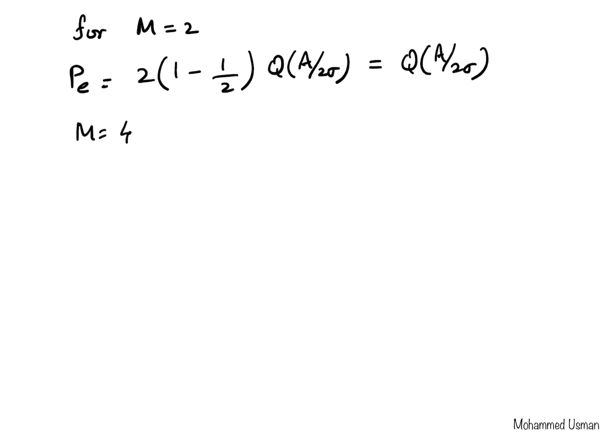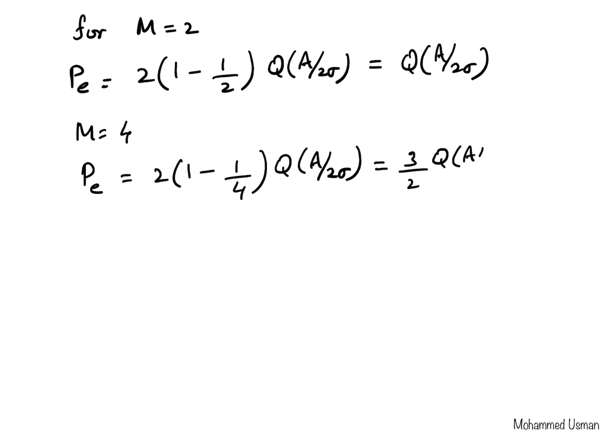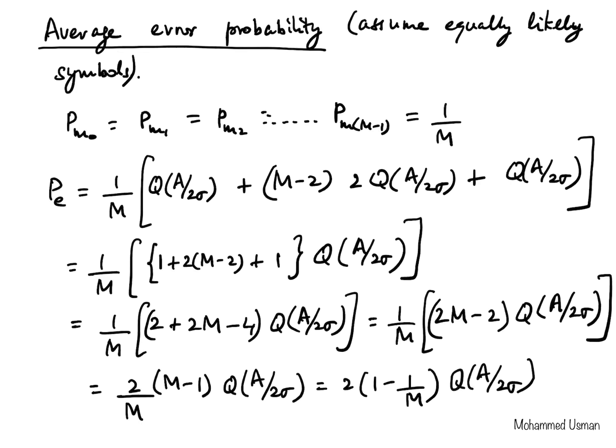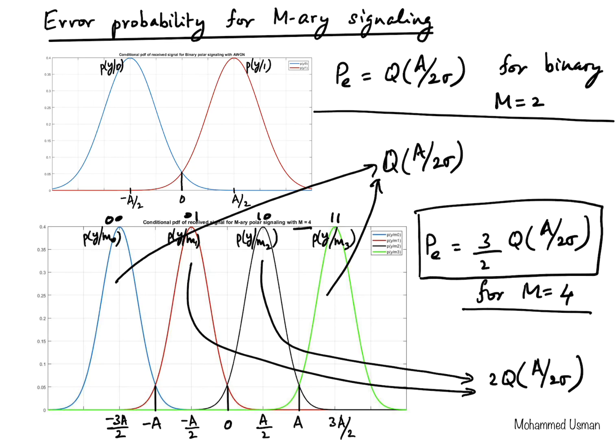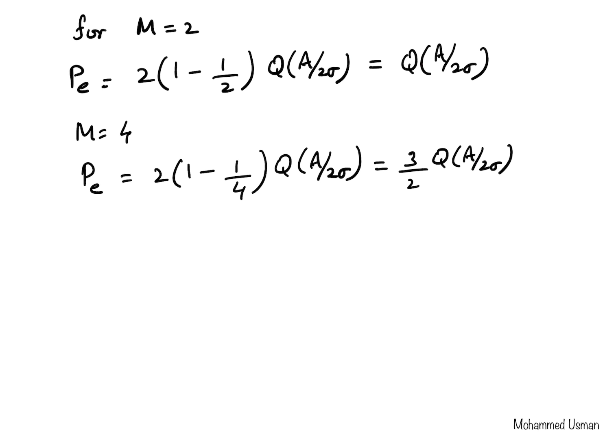Similarly for M equal to 4, the error probability is 2 into (1 minus 1 by 4) times Q of A by 2 sigma. 1 minus 1 by 4 is 3 by 4, into 2, that will give us 3 by 2 times Q of A by 2 sigma, which is exactly the same answer we had here for M equal to 4. So that's the general expression for the symbol error probability for any value of M.